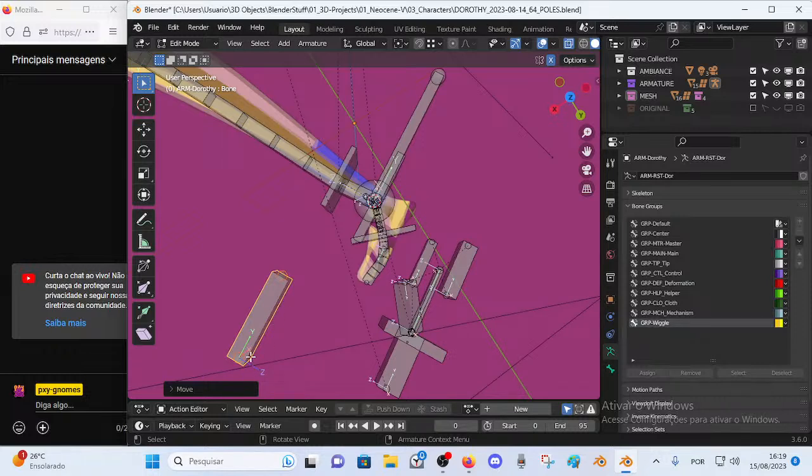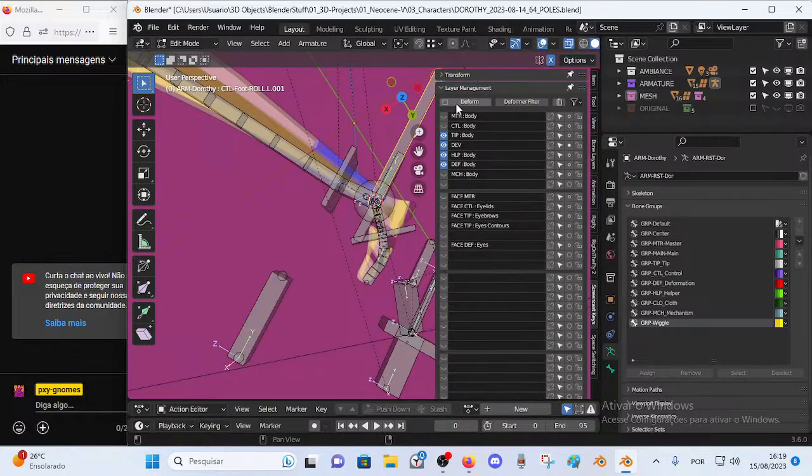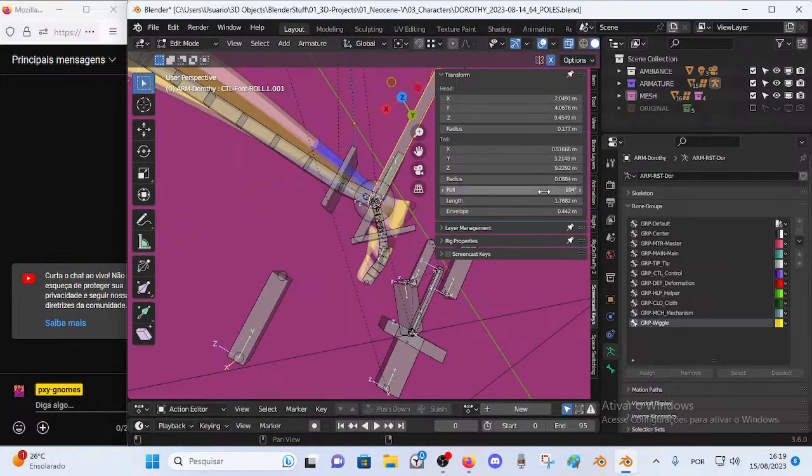Alright, so I have this problem. What if I reset the roles? Okay, so it will be like that, right? So except that this role, okay, it will align to this.